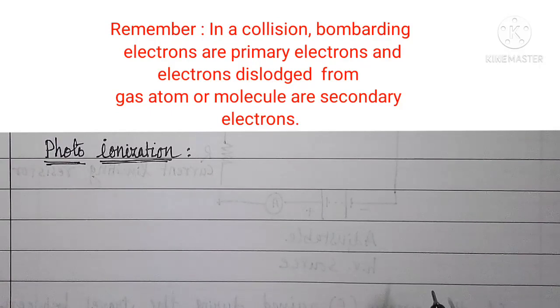During the interaction of radiation with gas atom or molecule, what happens is the atom or molecule absorbs the energy from radiations. If that absorbed energy from the radiation is more than the ionization potential, then the ionization takes place.